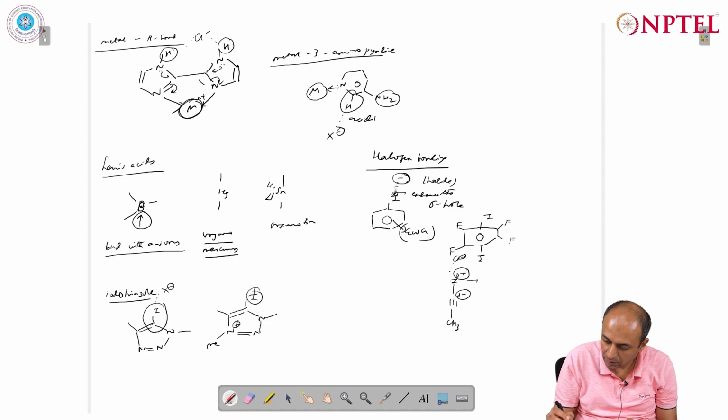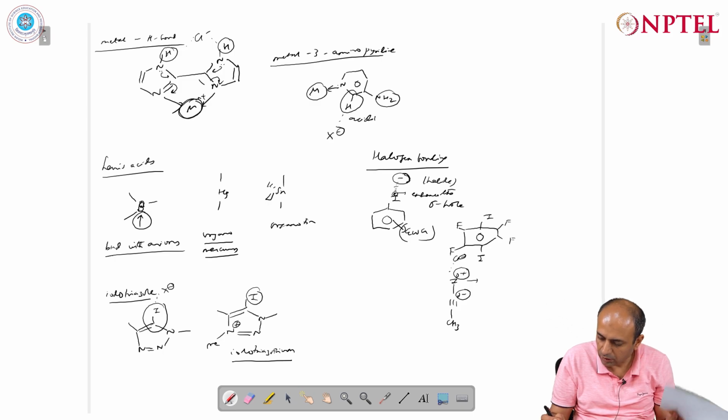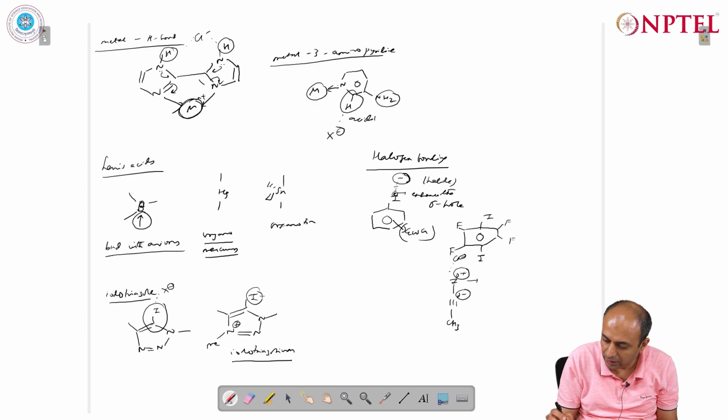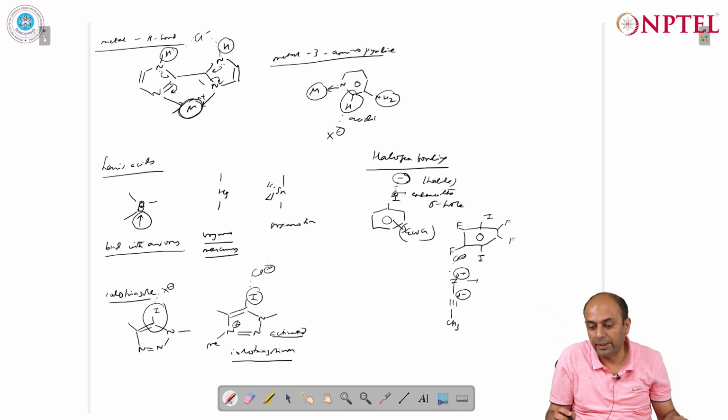So, this is the iodotriazolium. The iodotriazolium compound can now also function as a halogen bond donor. This is even more activated and then can accept anions.